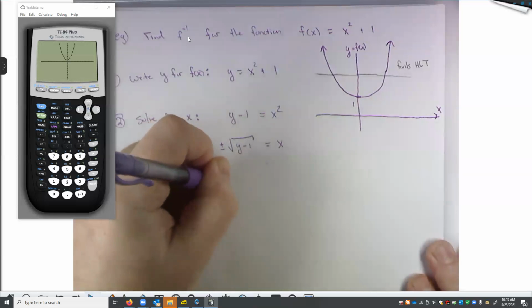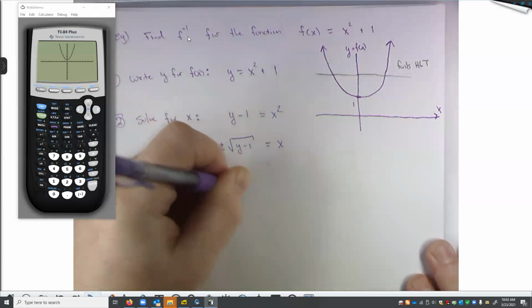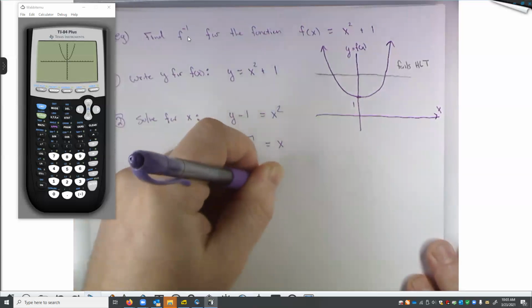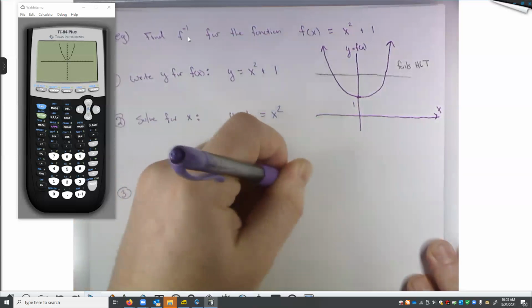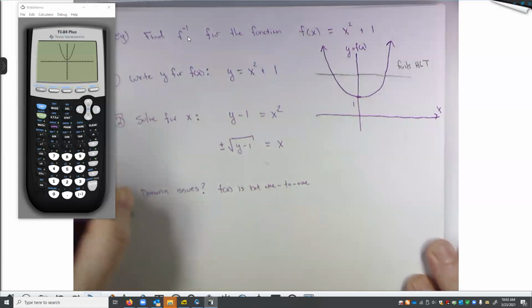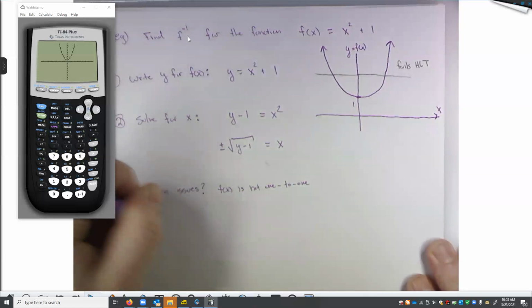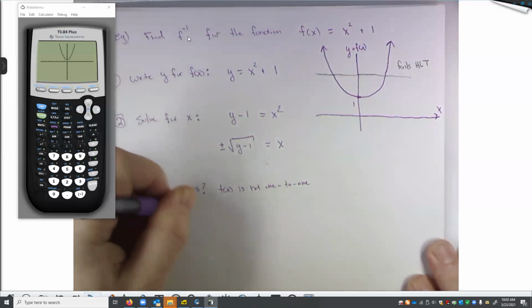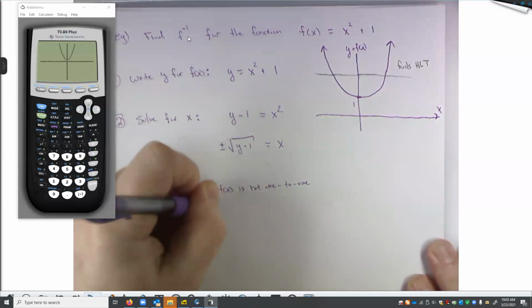So f of x, the original, is not 1-to-1 unless we restrict its domain.